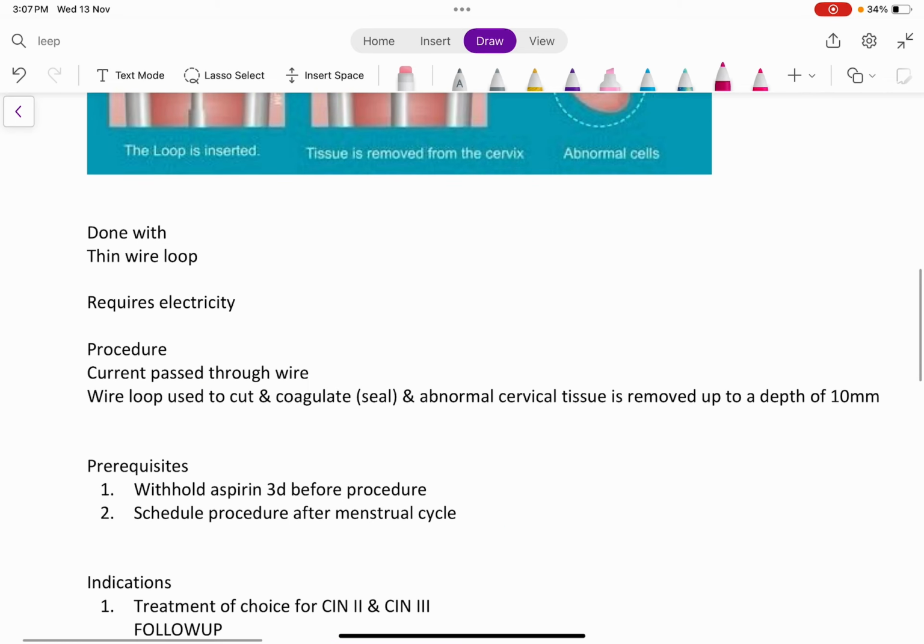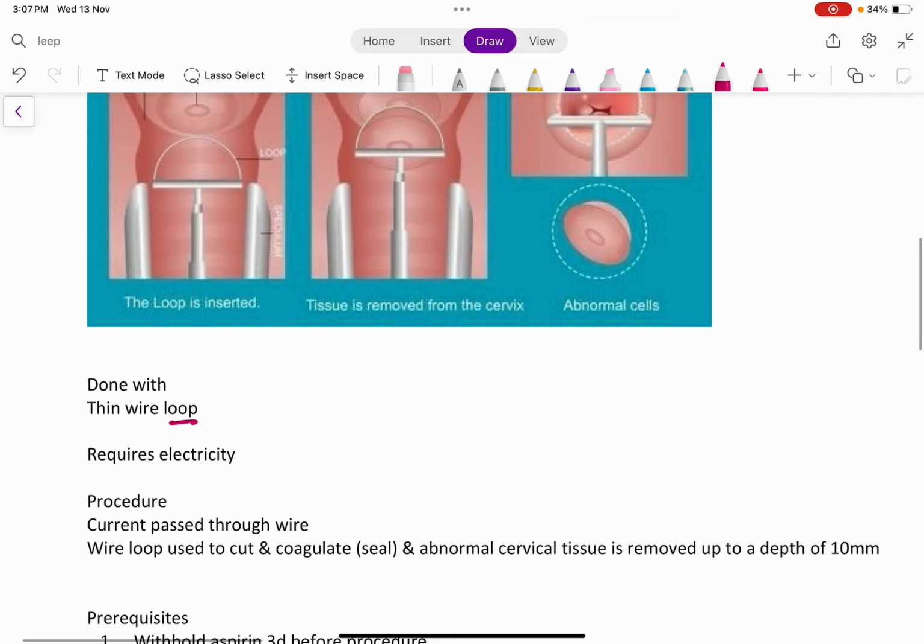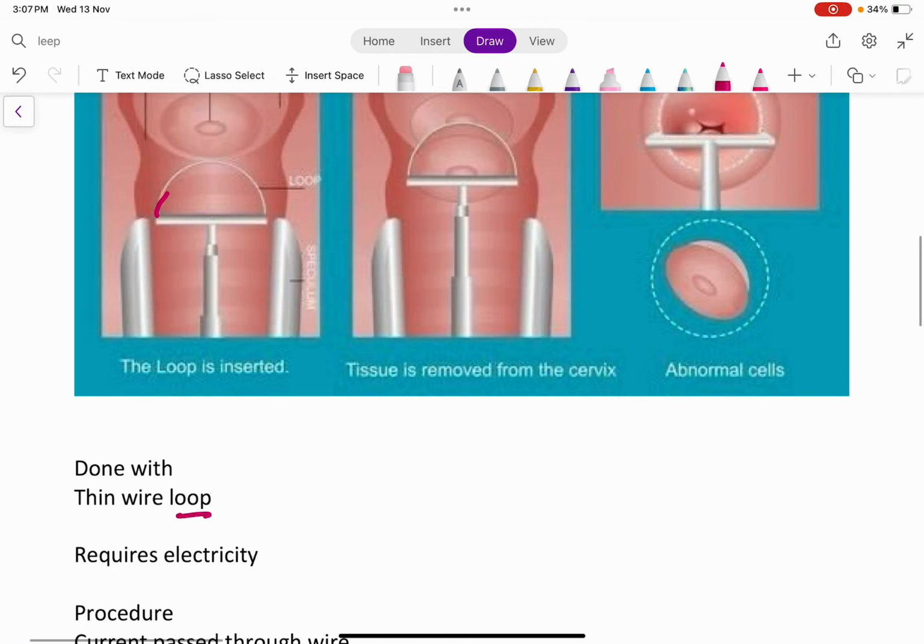With the help of what is this procedure done? It is done with a thin wire loop. As you can see in this image, this is the loop.